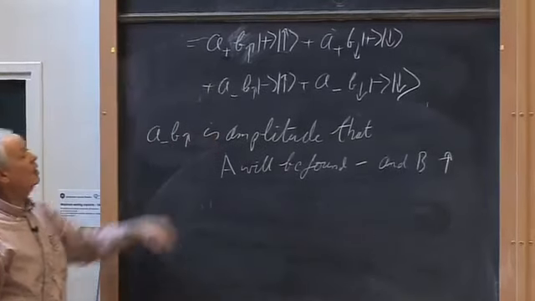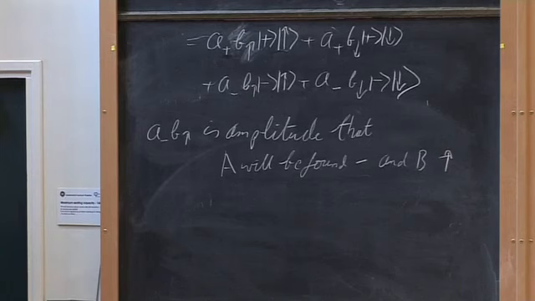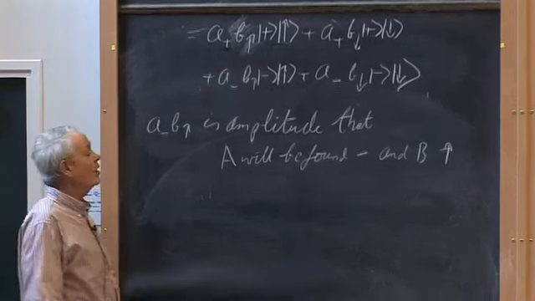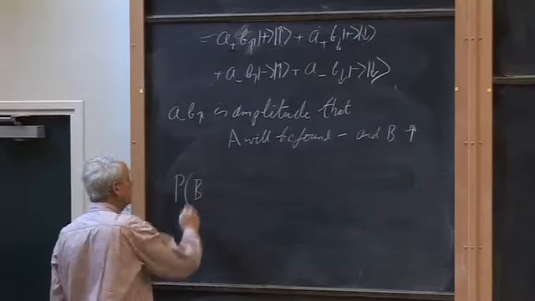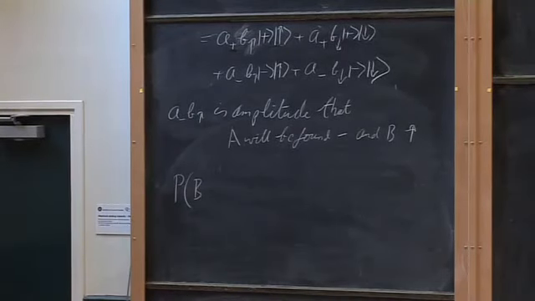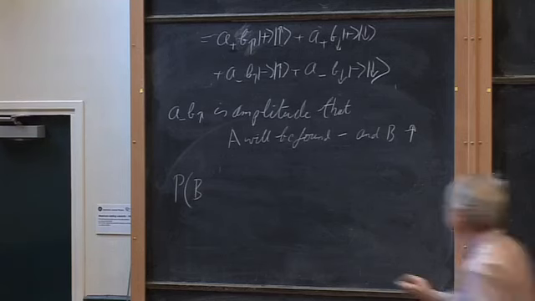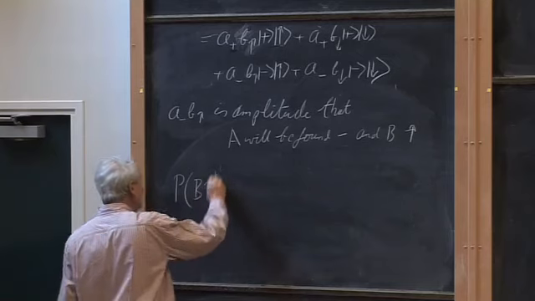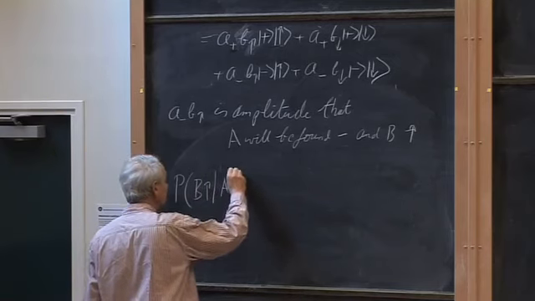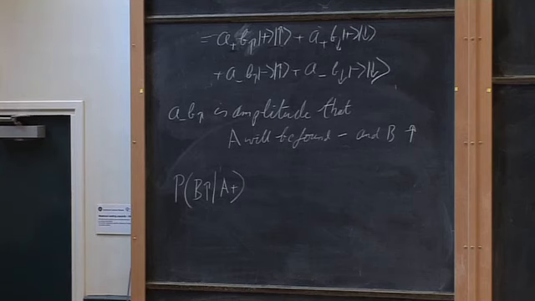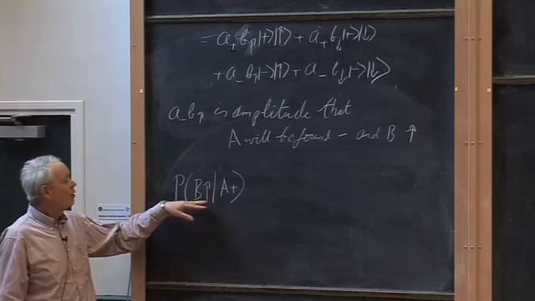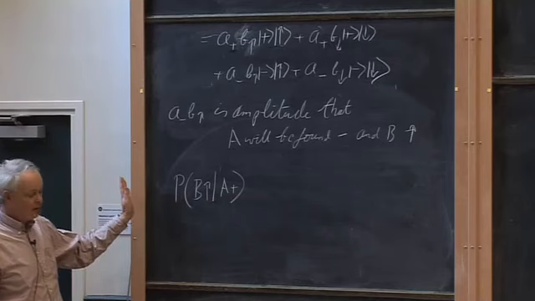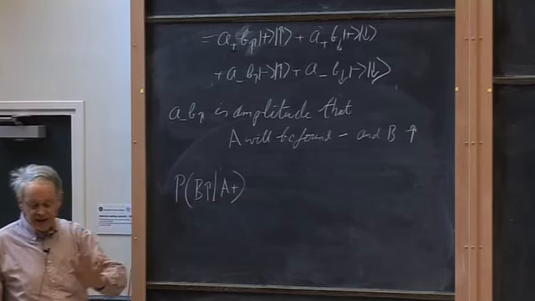But what I'm trying to show is that this state is not the most general state, okay? And the way I'm going to do that is I'm going to calculate the probability that B is up, given that A is in the plus state. This is a reasonable question. We've measured and found that A is plus.